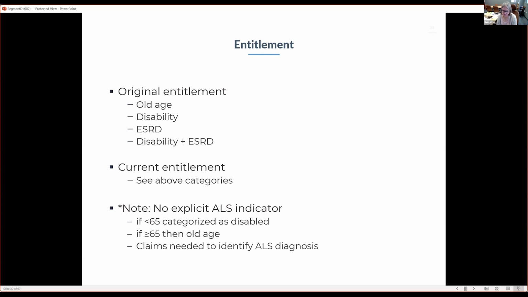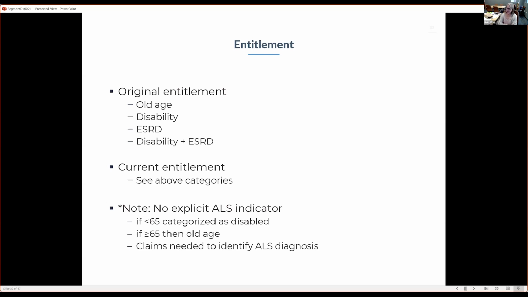Or when we were doing work looking at what's called pent-up demand, worrying about people who might not have had health care until they turned 65. Did they hold off on certain things, and what happened? We wanted to remove the disabled population from that, because the disabled population were already in the Medicare program. Those are examples of studies where we might make decisions to include or exclude people or use them as a comparison group.